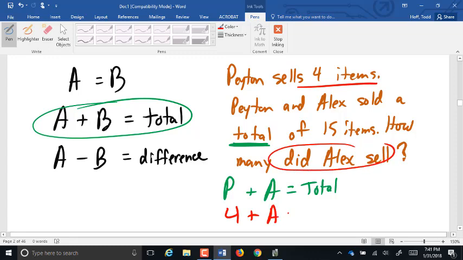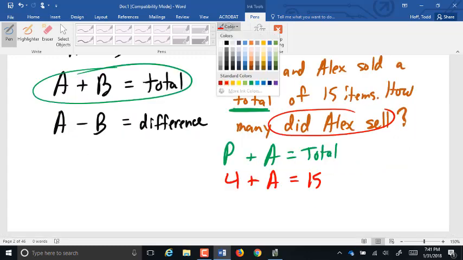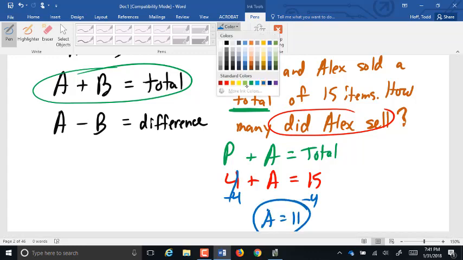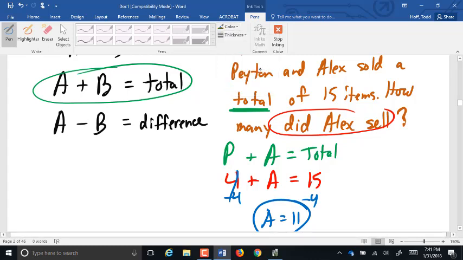I can call that A or X or whatever I want to call it. Do I know the total? 15. And now we can solve that. Subtracting 4 from both sides, A equals 11. What do you think?